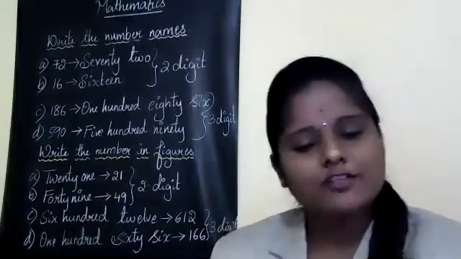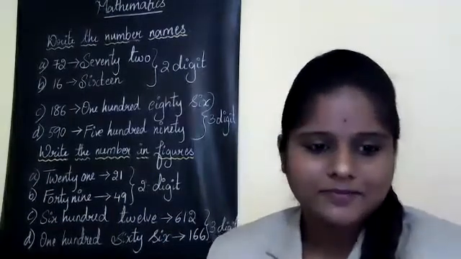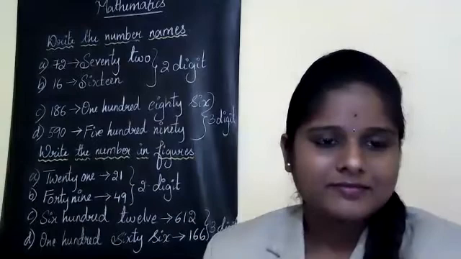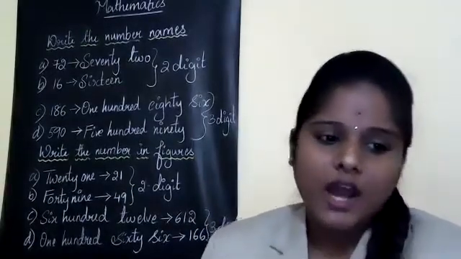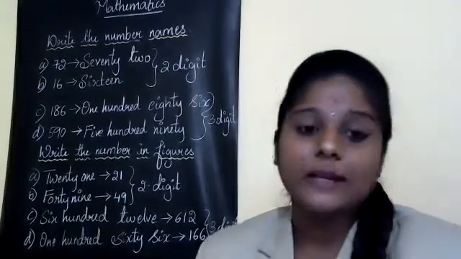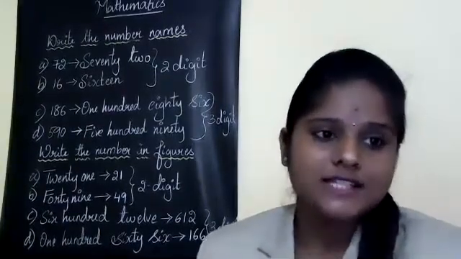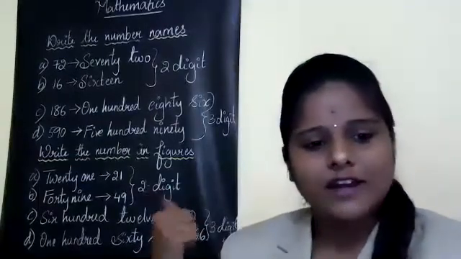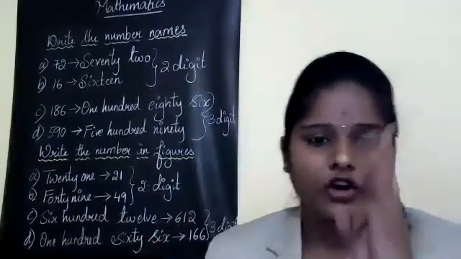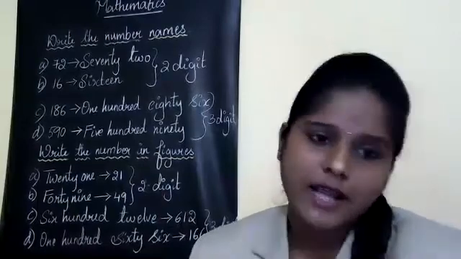So how to write that 66? 6, 6. So 166 will be written as 166. Okay. And this third one and fourth one are examples for a 3-digit number.